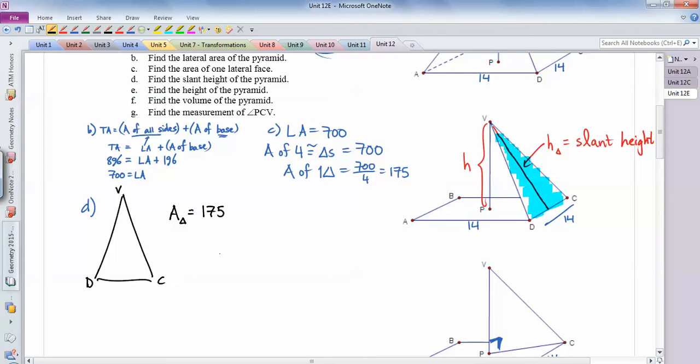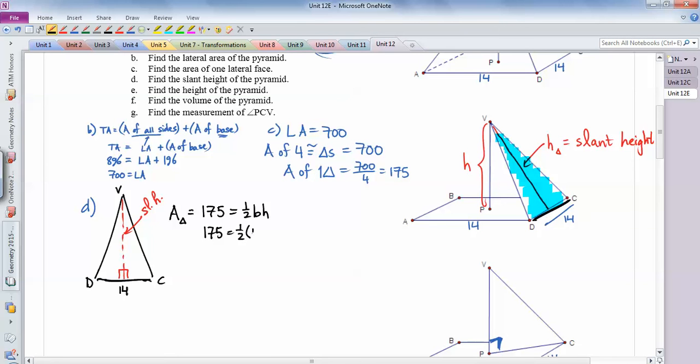Well, I know that the area of a triangle is 1/2 the base times the height of the triangle, and the height of that triangle is actually the slant height. So let's see, 175 is going to be 1/2. The base of this thing is DC, which is 14.